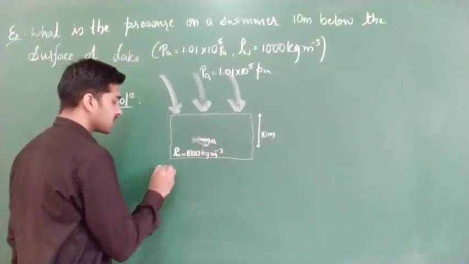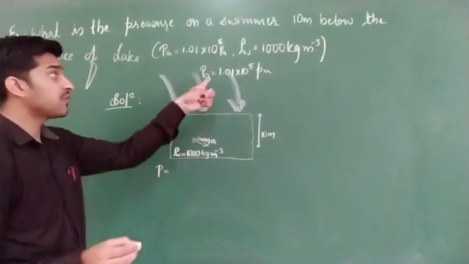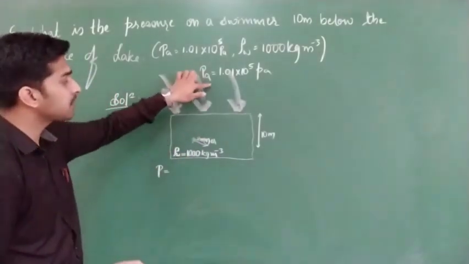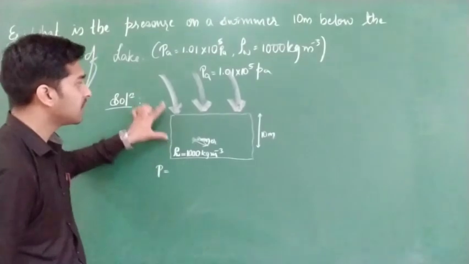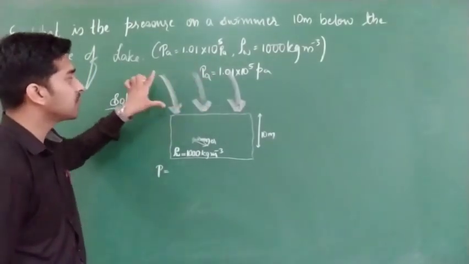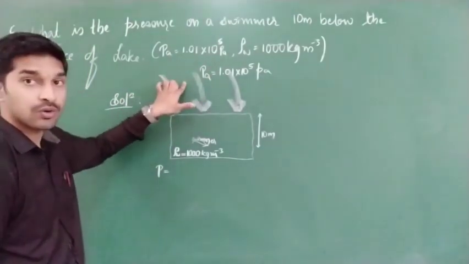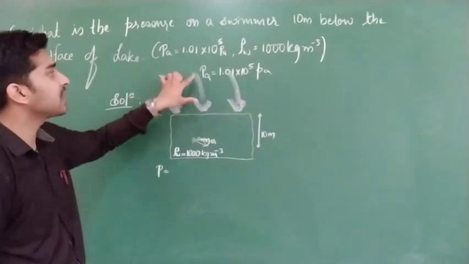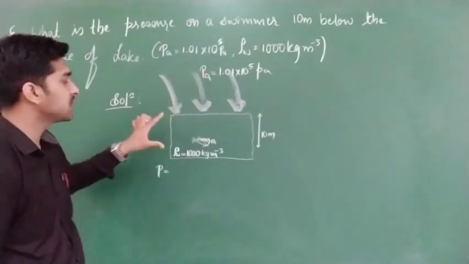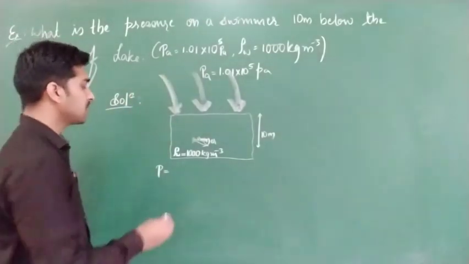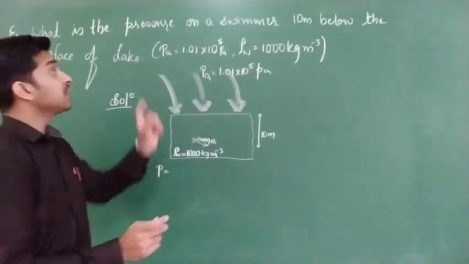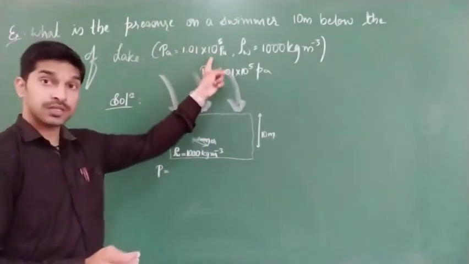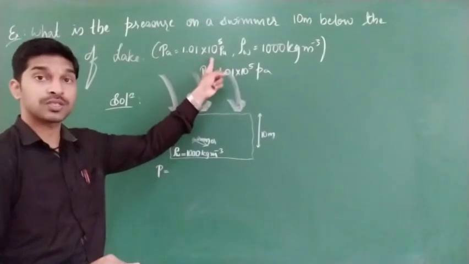So we know that P is equal to what? In the presence of atmospheric pressure, plus pressure due to this one. If it is vacuum then here it is 0, don't worry. Here they had given atmospheric pressure. Even if they had not given atmospheric pressure, you should take atmospheric pressure. Why?